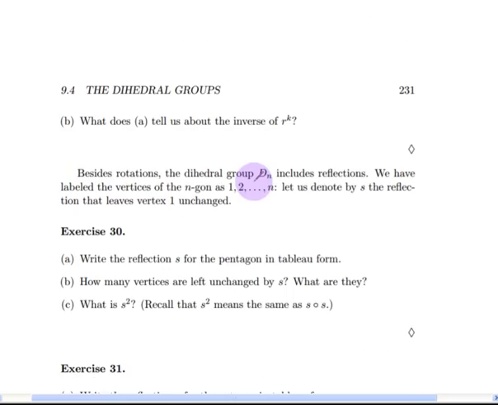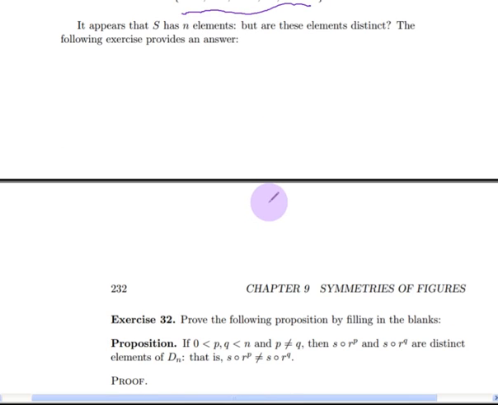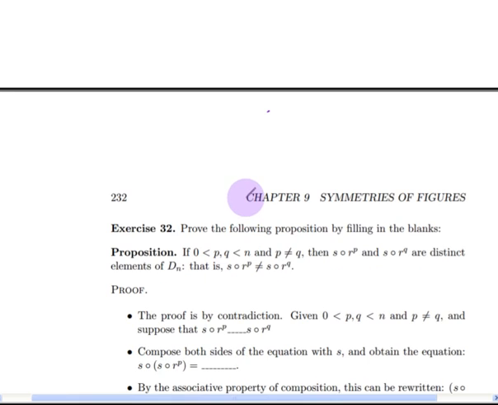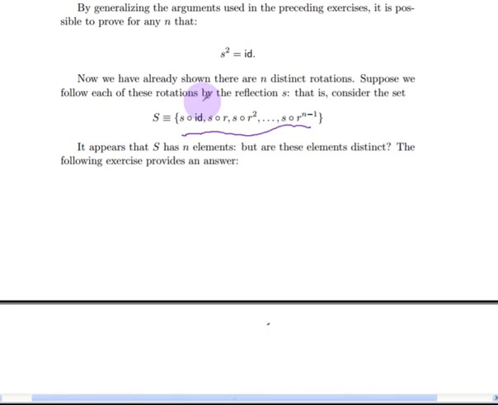So let's look at these n symmetries. S composed the identity, S composed the first rotation, all the way up to S composed the (n minus 1)th rotation. Of course, the nth rotation is just the identity again. And you can actually prove that any two of these are distinct, that these are all different reflections.